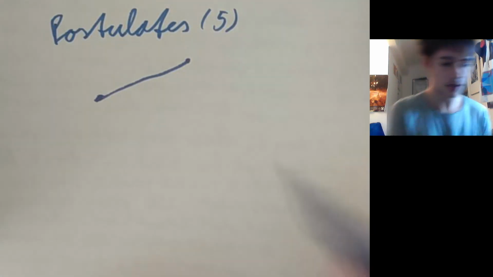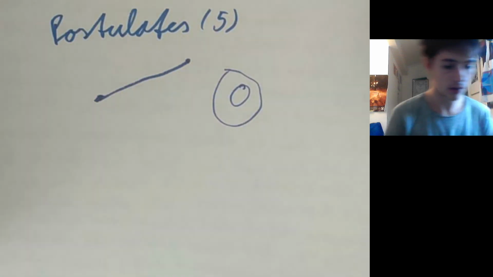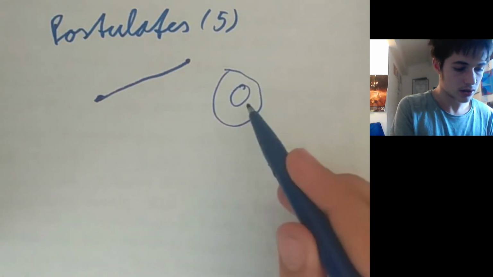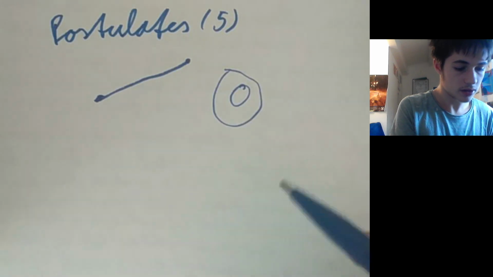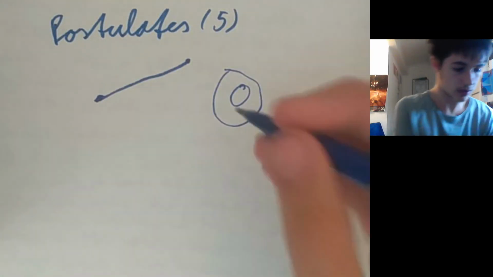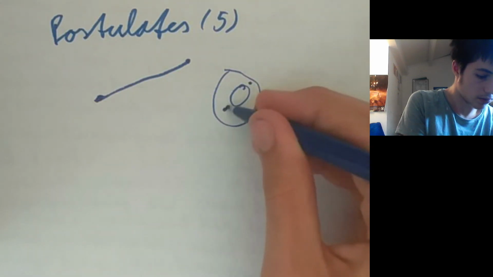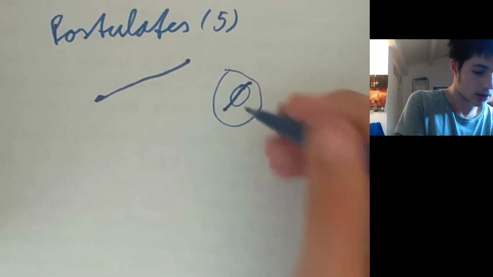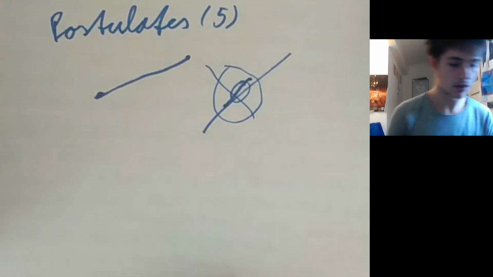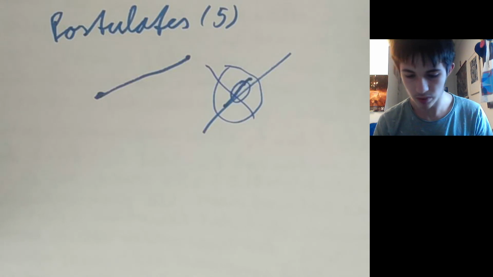If you had an annulus, this is just a two-dimensional annulus, well, maybe I could apply Euclidean geometry here. Well, no, that wouldn't be possible because you can't draw a straight line from this point to this point, because this space isn't there. So we immediately cross that out. It's possible to draw a straight line from any point to any point.